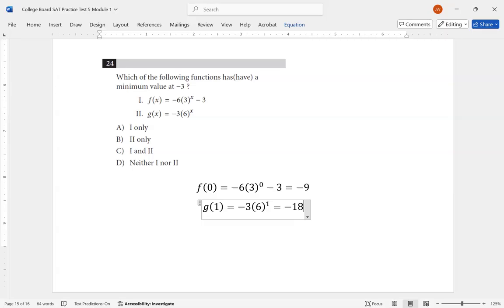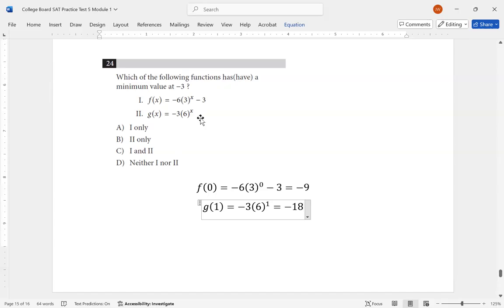So with those two plug-ins, we can see that neither I nor II, neither f of x nor g of x, has a minimum value of -3. Another option is you could just graph these and see that the y values go below -3 on both of these.